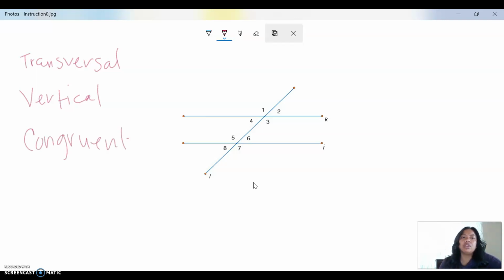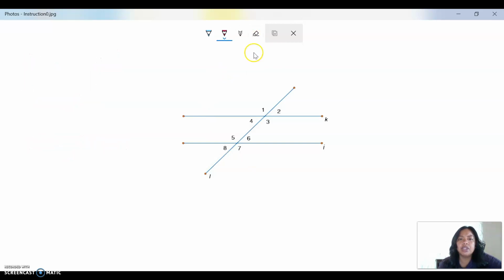Okay, so a few more types of angles are formed when a transversal cuts parallel lines. Let me erase this for a second here. The first type of angles are called corresponding angles.